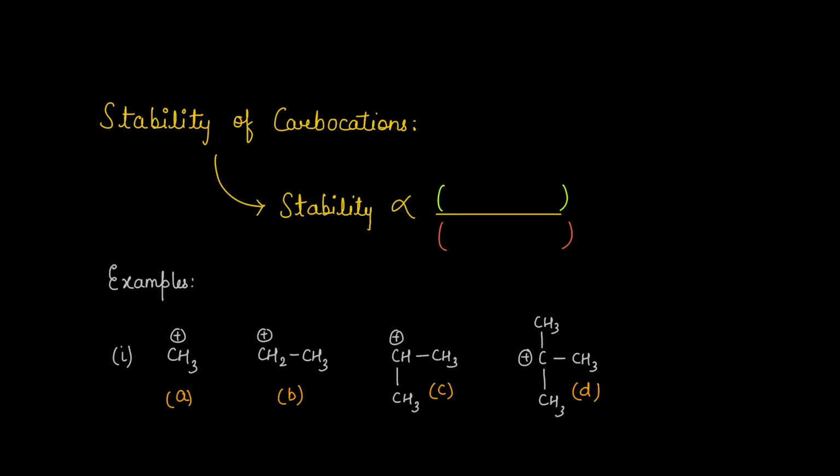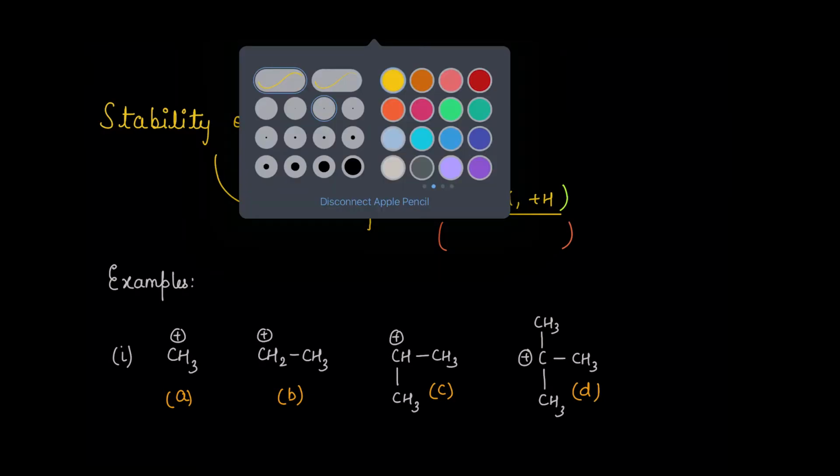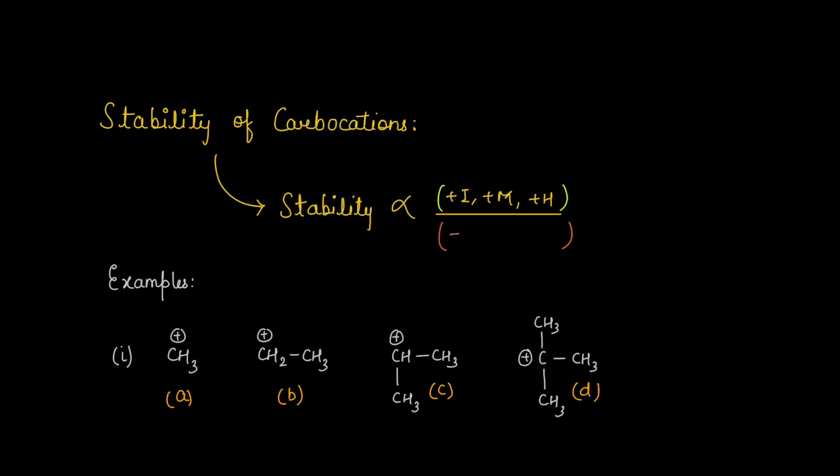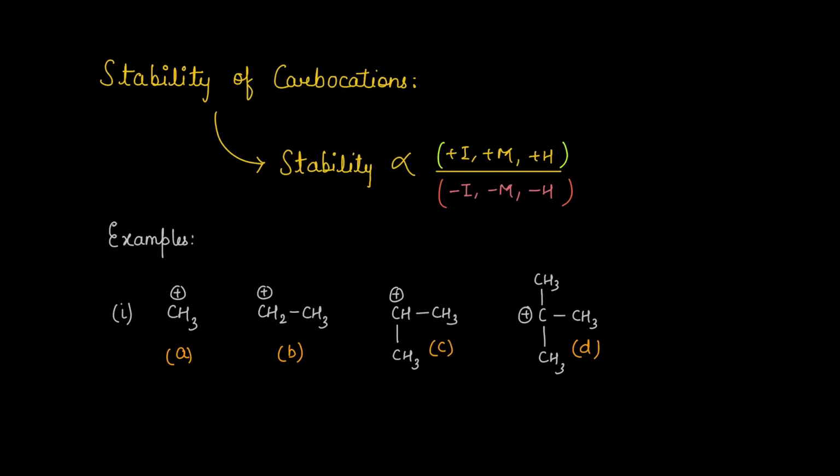The stability of any carbocation is directly proportional to plus I, plus M, and plus H, that is plus inductive, plus mesomeric, and plus hyperconjugation, and inversely proportional to minus I, minus M, and minus H, that is negative inductive, negative mesomeric, and negative hyperconjugation. Now we'll look at some examples to determine the stability of carbocations.